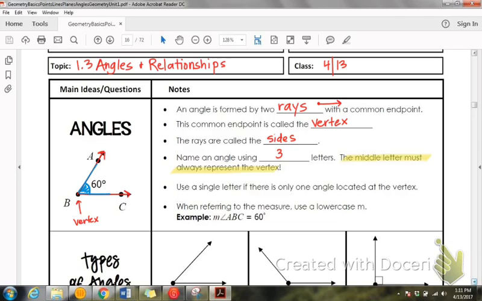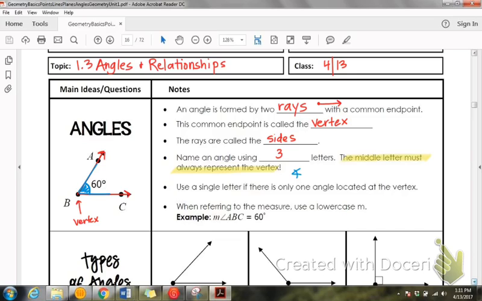So if we look at this angle, this is how I tell students to do it: I start at A, go down to the vertex, and then go out to C. Start on one of the points on the outsides, A or C, go into the vertex, and then back out every single time. So this would be angle ABC.